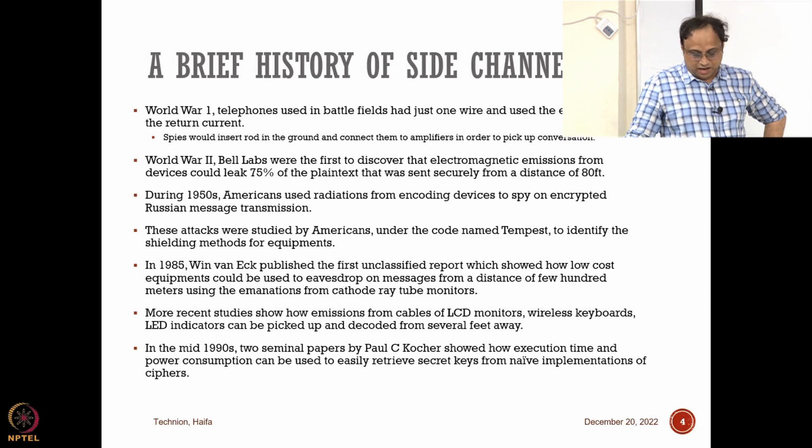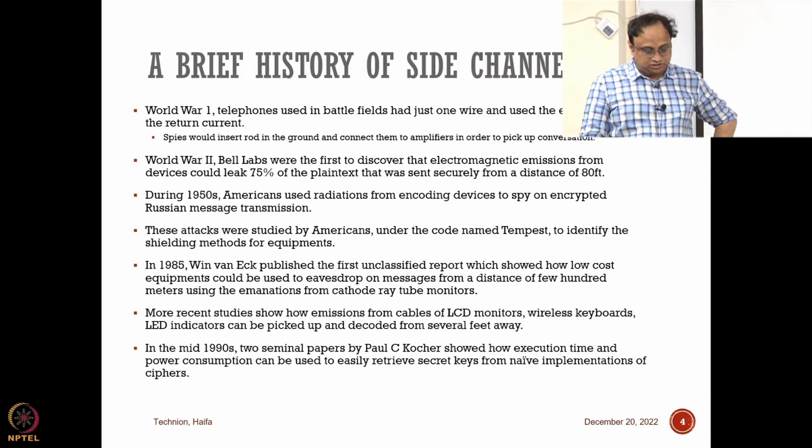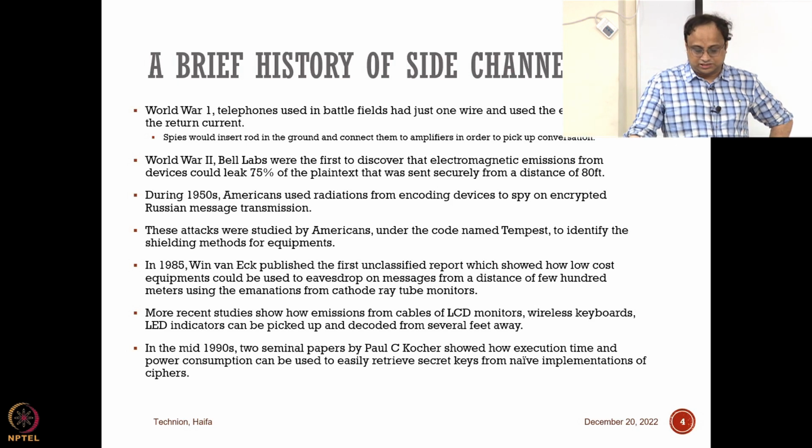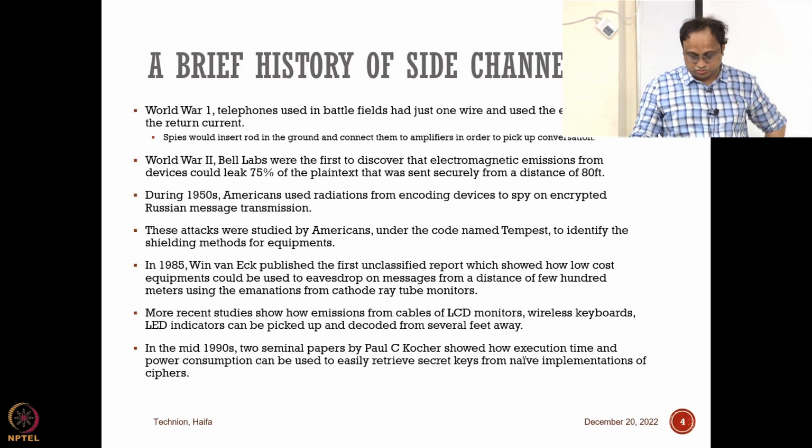Apparently in World War II, Bell Labs were the first to discover that electromagnetic emissions from devices could leak 75% of the plain text that was sent securely from a far away distance. This was a classic example of how electromagnetic radiations were used.